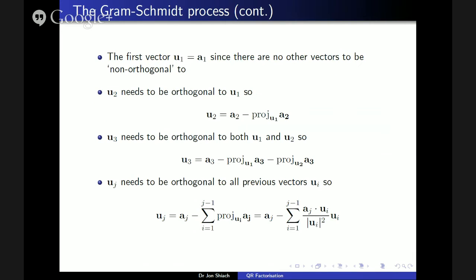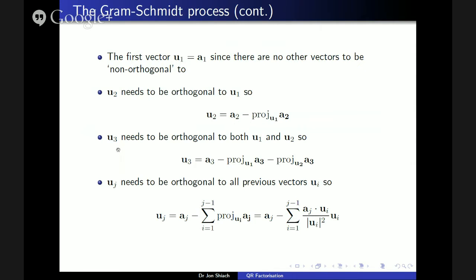Okay, a more mathematical approach. The first vector, U1, is simply equal to A1, as there are no other vectors to be non-orthogonal to. U2 needs to be orthogonal to U1, so we simply subtract the projection of A2 onto U1 from A2.